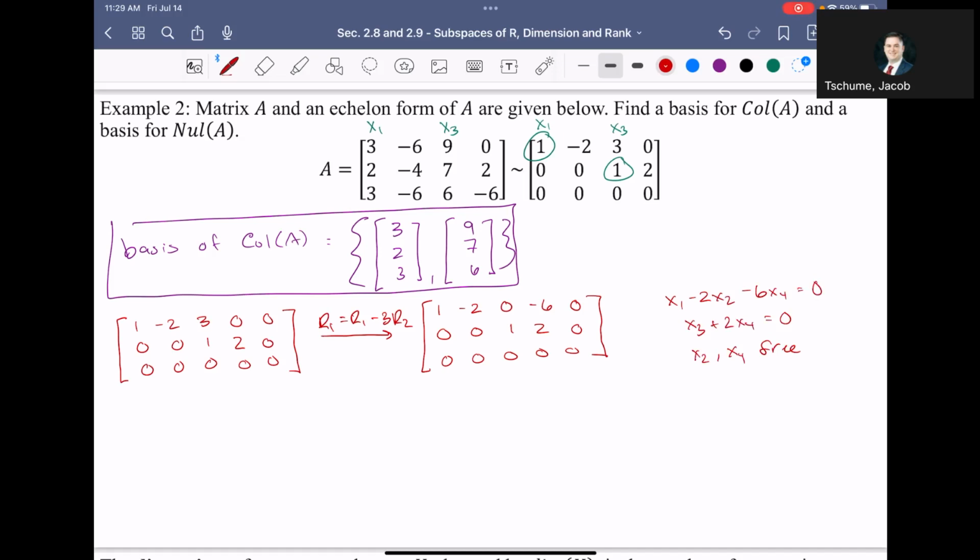Now you need to solve for the basic variables here. Remember, that's the pivot positions that you circled. So coming down to the next line, we would say that x1 is equal to 2x2 plus 6x4. We would say x3 is negative 2x4, with x2 and x4 still being free.